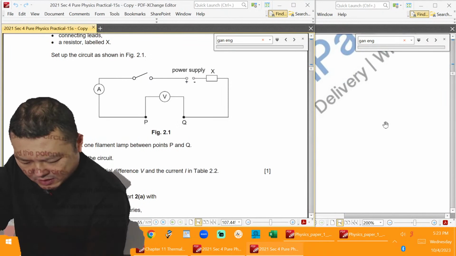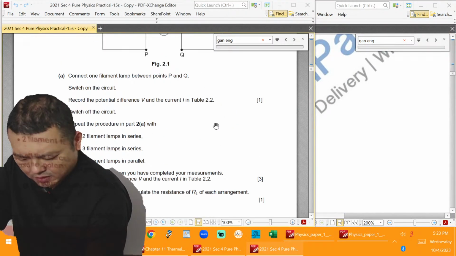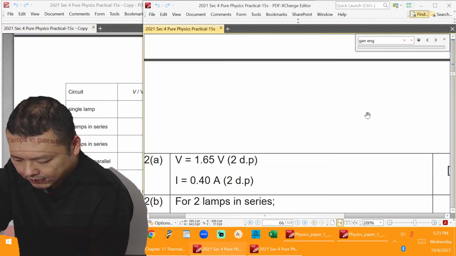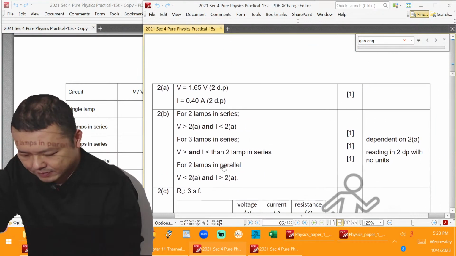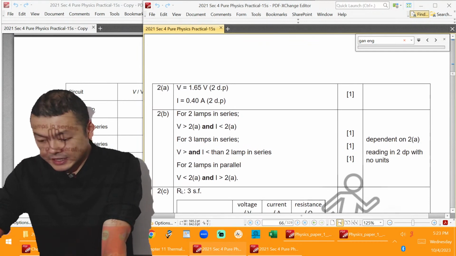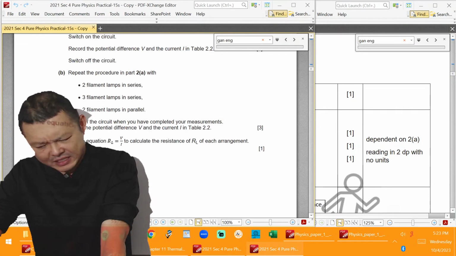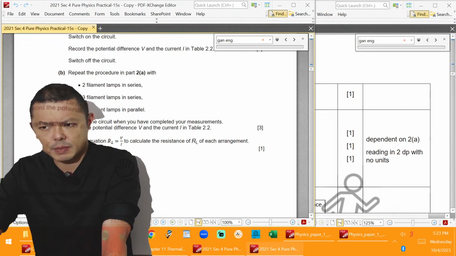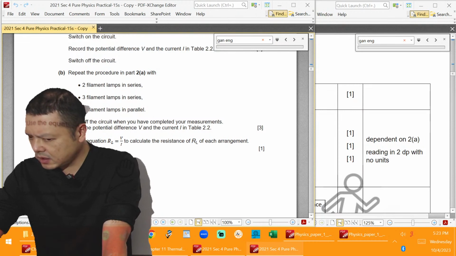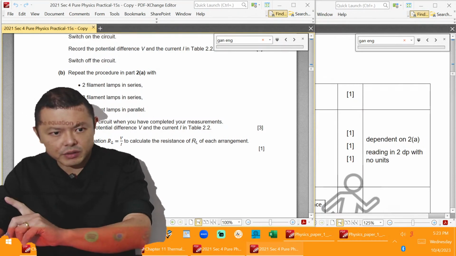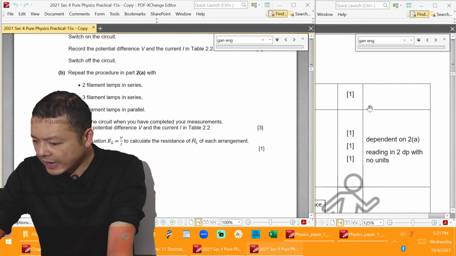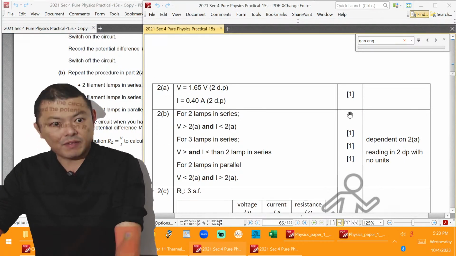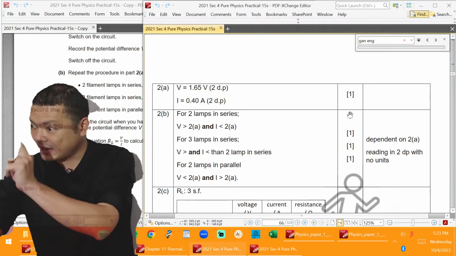You're supposed to record everything. 2 lamps in series. It's 2dp, so your analog, is it 2dp? Are your ammeters and voltmeters in 2 decimal places? Yes. These are analog, right? Not digital? Can be 2dp? Very fine divisions?